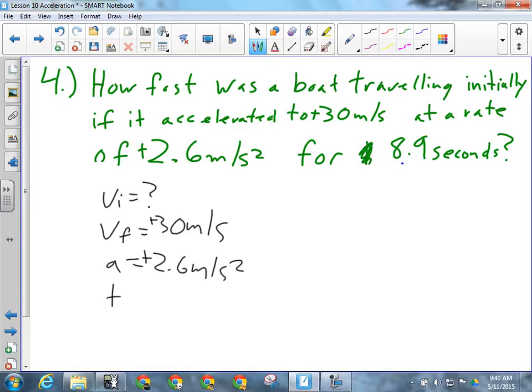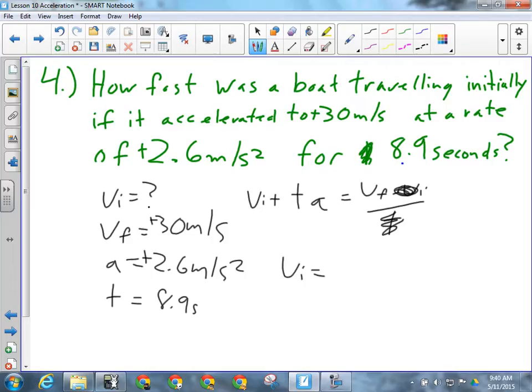And it did that over 8.9 seconds. So A equals VF minus VI over T, and we're trying to solve for VI. First we multiply both sides by T, then we add VI to both sides, and then we subtract T times A over to the other side, so that we're taking the final velocity and subtracting the change, leaving us with the initial velocity.